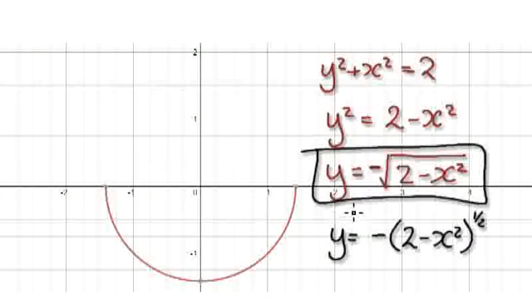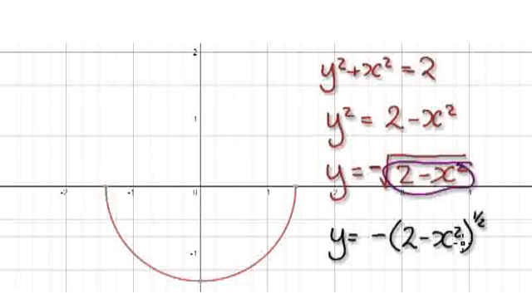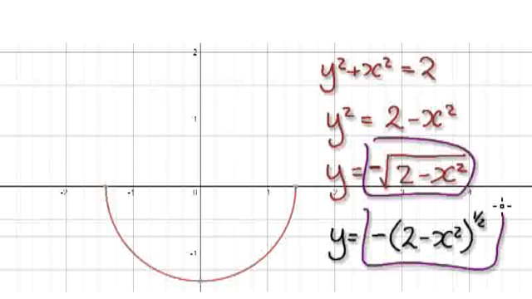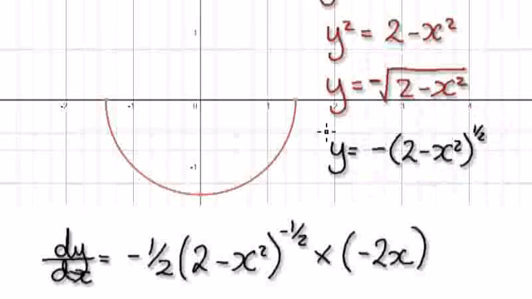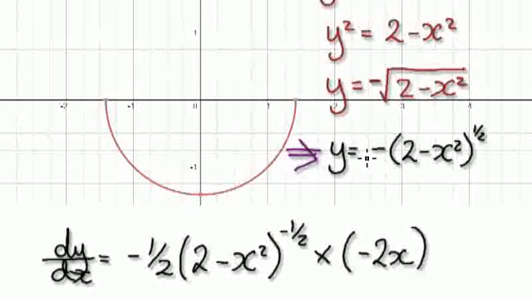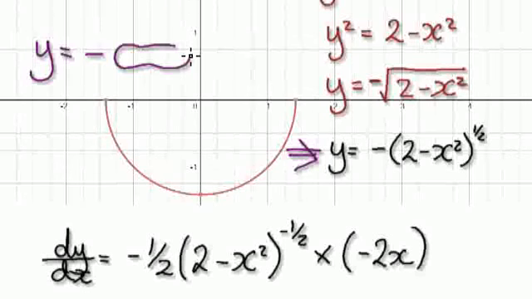Now from here we want to differentiate this. So visualize this as a bubble to the power of a half, and don't forget this is like minus 1. So now visualize it as y equals minus a bubble to the power of a half.